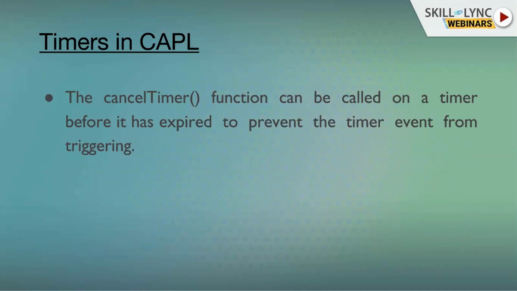Whenever you set the timer, it will start working. In timer A, we are performing some simulations. Once it is completed, you need to cancel the timer. By using cancel timer, you can cancel the timer which you have declared. So cancel timer A, finished.